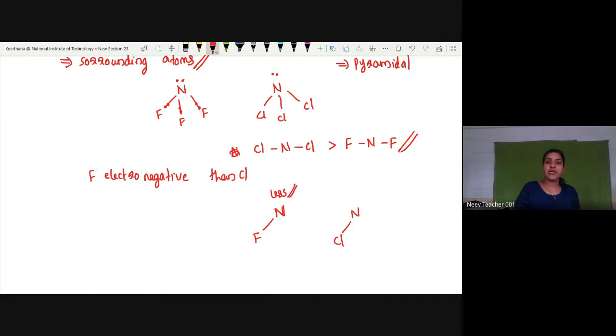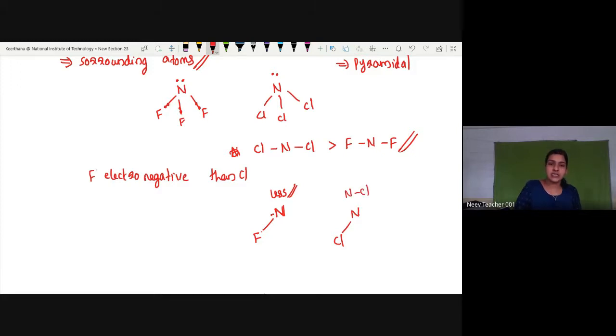Fluorine is more electronegative, so the electron cloud will be more towards fluorine when compared to chlorine. So the electron cloud density around the central atom is less in the NF bond when compared with the NCl bond.